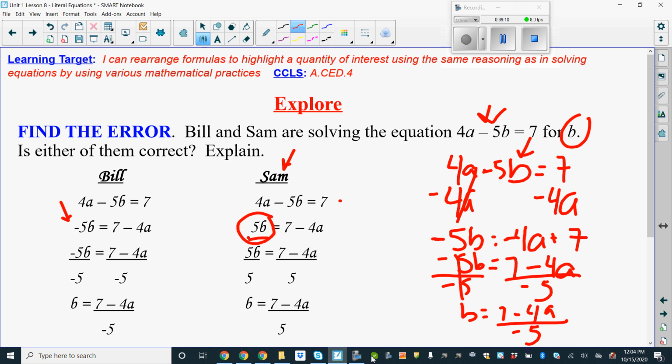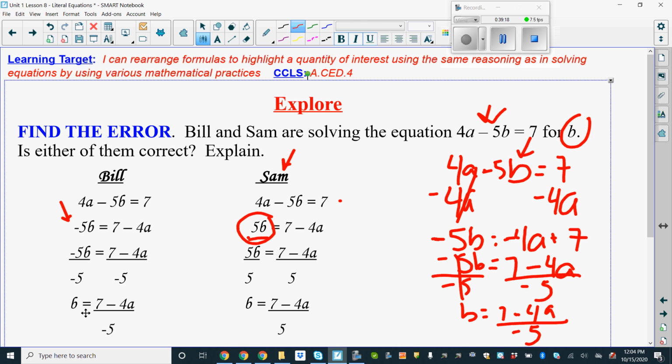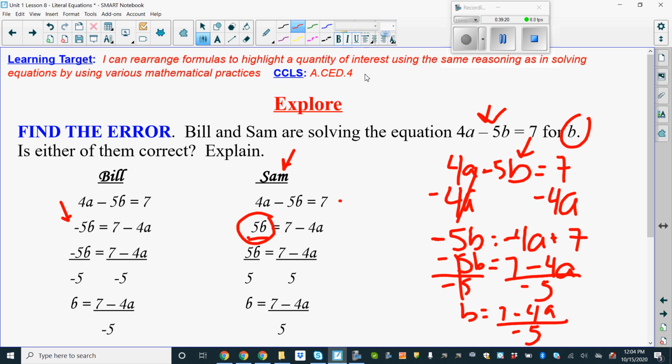So let's just check if Bill continues to solve correctly. He divides by negative 5 on both sides, and his answer is the same as ours, which is correct. Sam, we had found that he left out his negative sign, but he followed through with the rest of it correctly by then dividing by 5, but he should have kept that negative sign there.